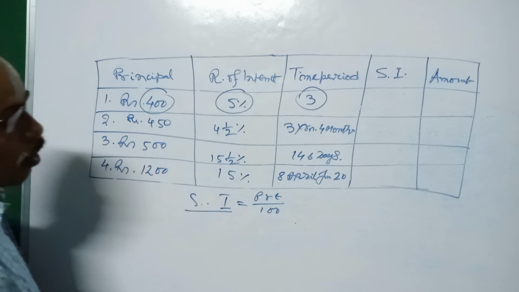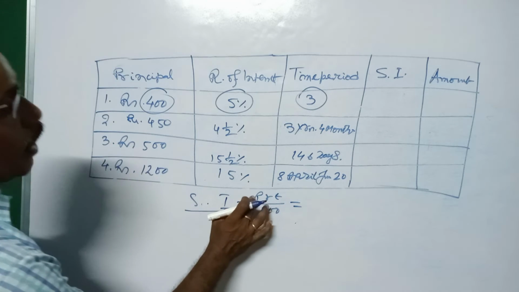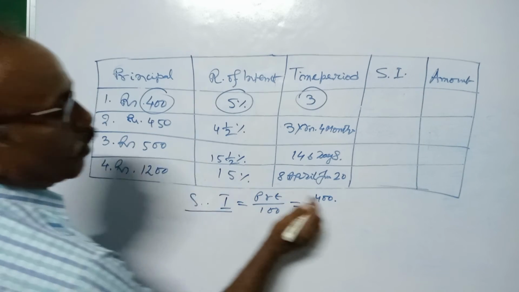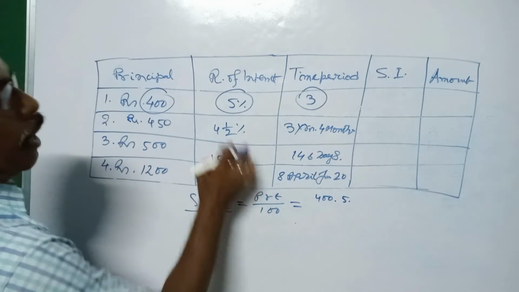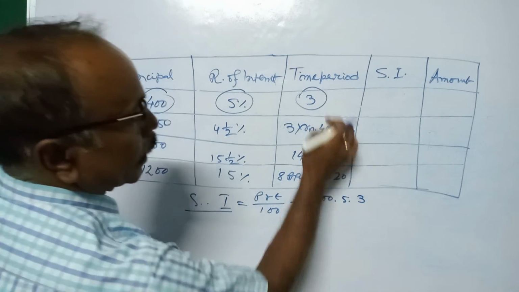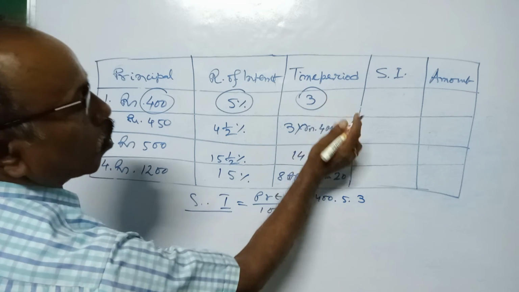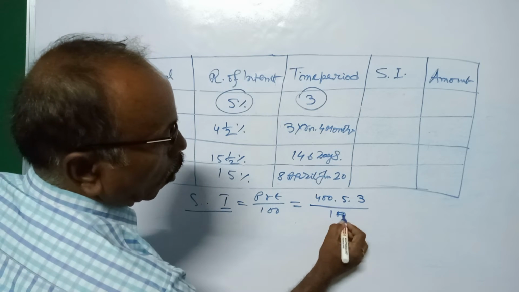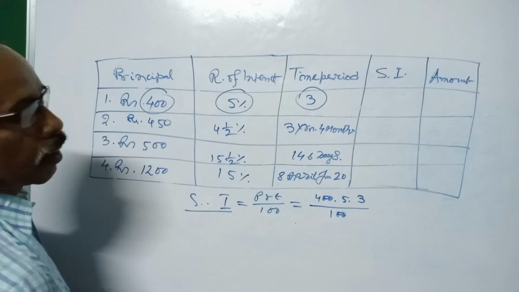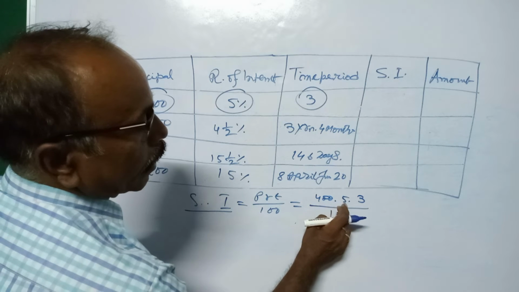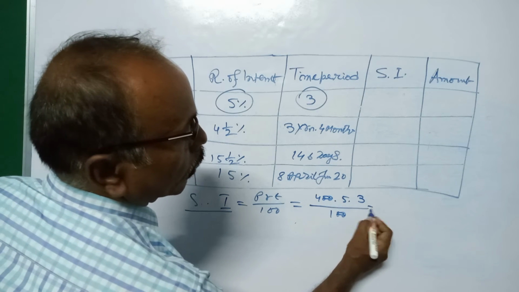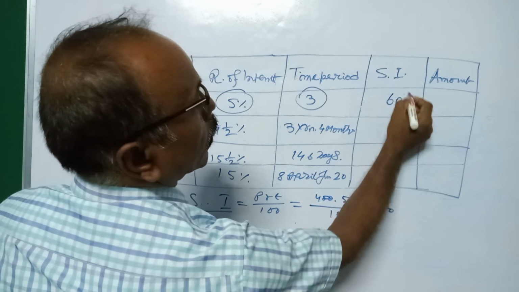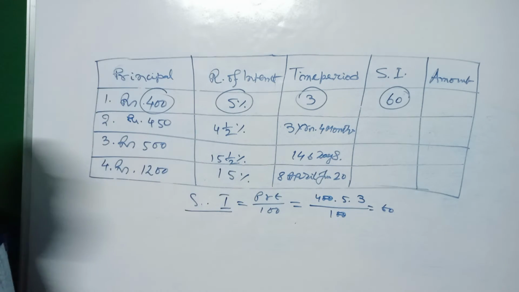So principal here is 400, rate is 5%, time is 3 years, as it is in years, it is easy, divided by 100. The zeros are crossed. 5 4s are 20, 20 into 3 is equal to 60. My dear student, you see here simple interest is 60.